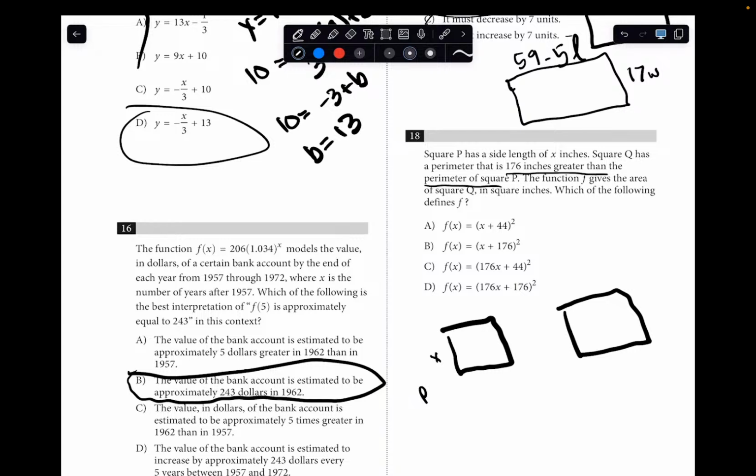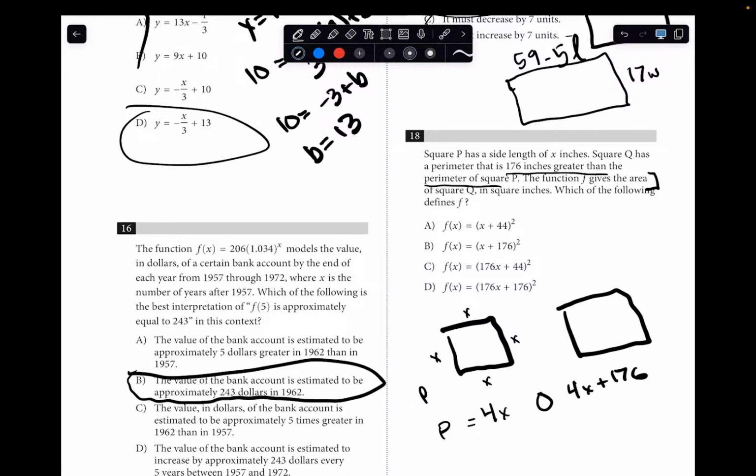So we know that the perimeter is 4x, and then they're saying the perimeter of Q is 4x plus 176, but they want area, right?